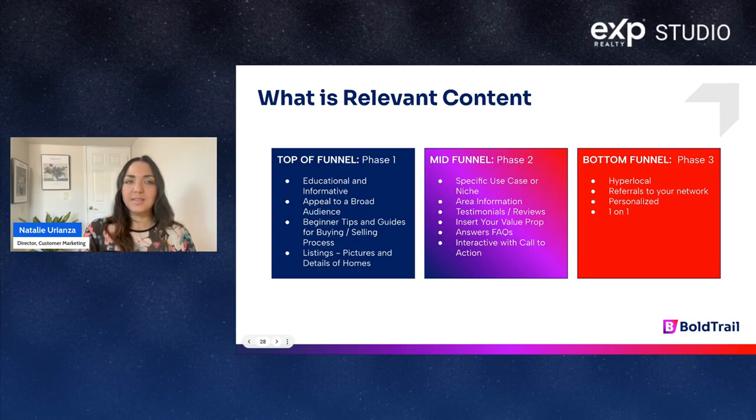Here are a few ideas for relevant content. And in these top of funnel phase 1 leads, the thing that's really cool about this is that most of this information already exists on your BoldTrail website, like area information, listings, pictures, details of homes. But there are some small things you could do to enhance that, like put educational content on there.